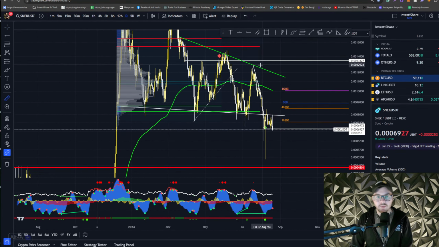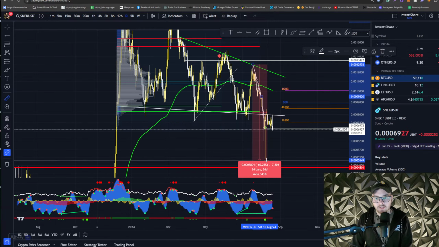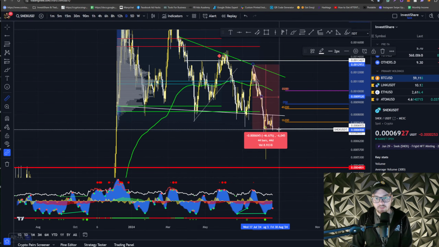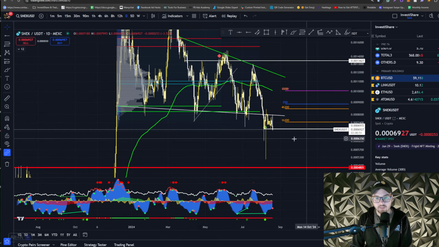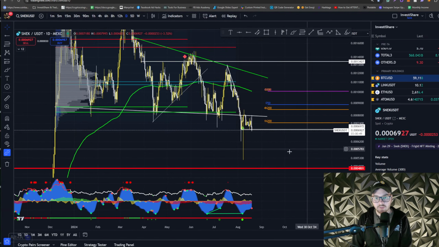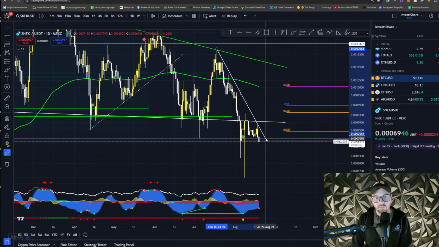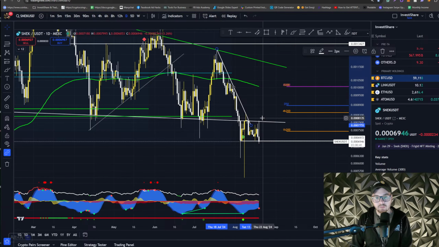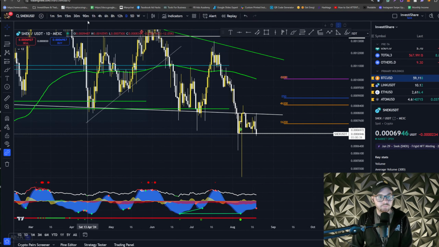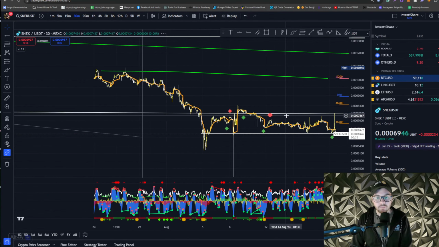I was curious, from this high to this low is a 60% correction and currently 46. So we've covered about 15% of its drop. Okay. Let's zoom in on the lower time frames, see what we got.